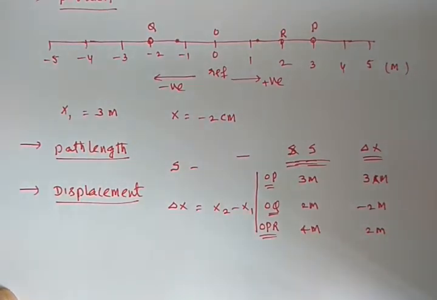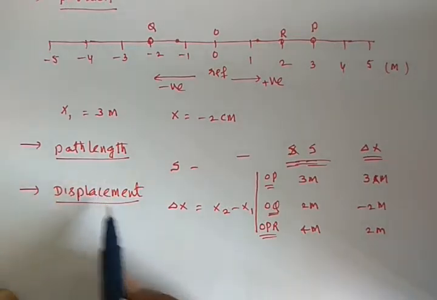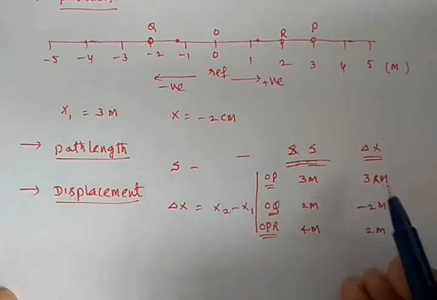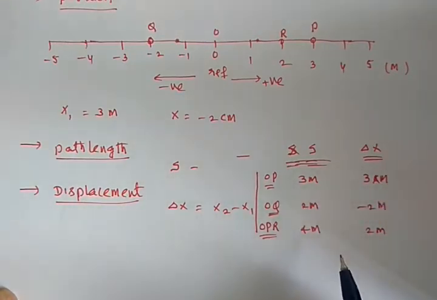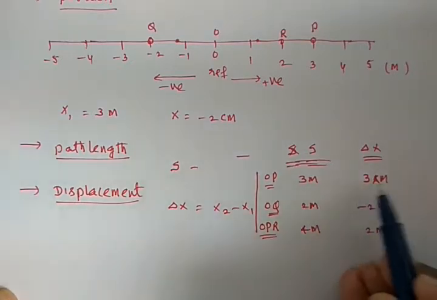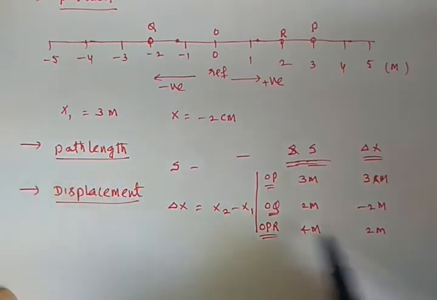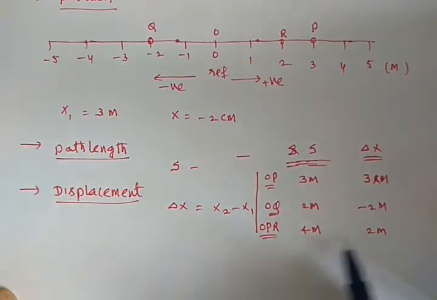So from here you can give some conclusions. Conclusion one: path length can be equal to displacement in certain cases. Path length can be greater than displacement. That is one more conclusion.